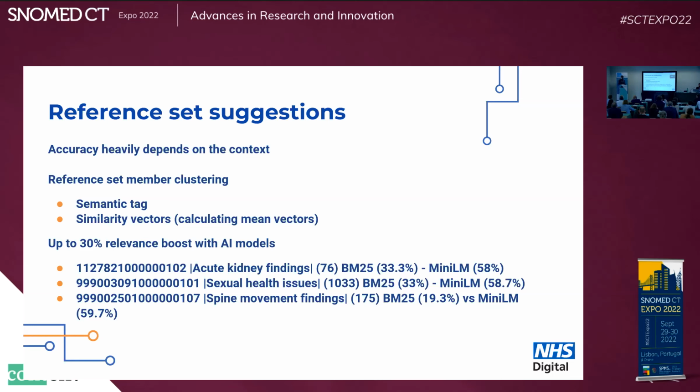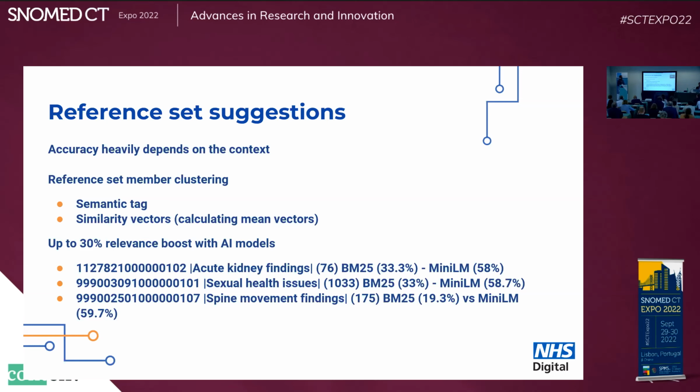It's actually heavily context dependent, because reference sets are just a context of concepts. You put some context in it. We've seen that while keyword search, or some kind of search that can return suggestions for reference sets, can help, in certain cases by 30%, in other cases it doesn't work. You are just unable to produce a relevant suggestion for the reference set. It's like 0% in the measurement.